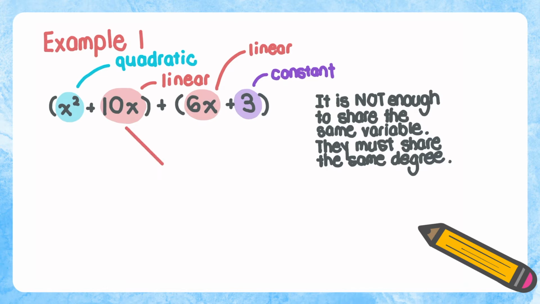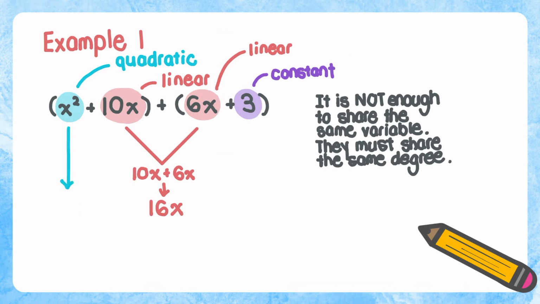Alright, so that being said, we can combine the 2 linear terms together. So we can combine the 10x and the 6x. So what is 10x plus 6x? That's going to be 16x.